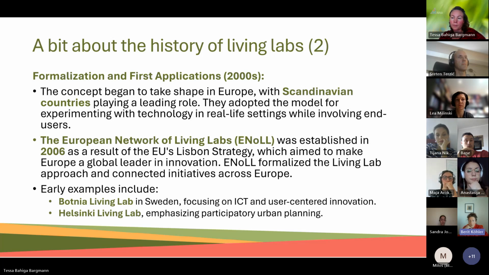This Lisbon Strategy in itself aimed to make Europe a global leader in innovation. And this European network should help to formalize the living lab approach and to connect different initiatives across Europe.